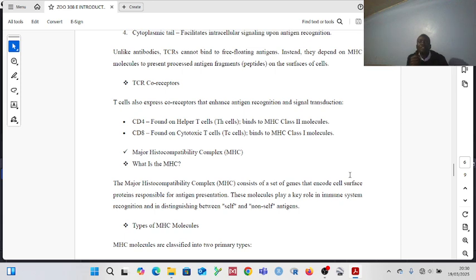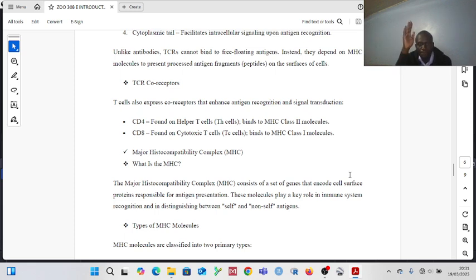These genes code for some surface proteins, and these surface proteins that are coded for by this set of genes are the ones that are responsible for presenting antigens. So an antigen is a marker, is unique. An antigen is like a flag. But what raises that flag up is the MHC. That is what raises the flag.